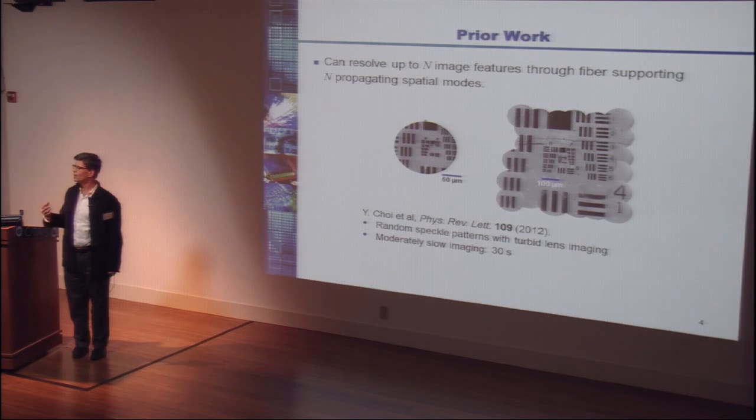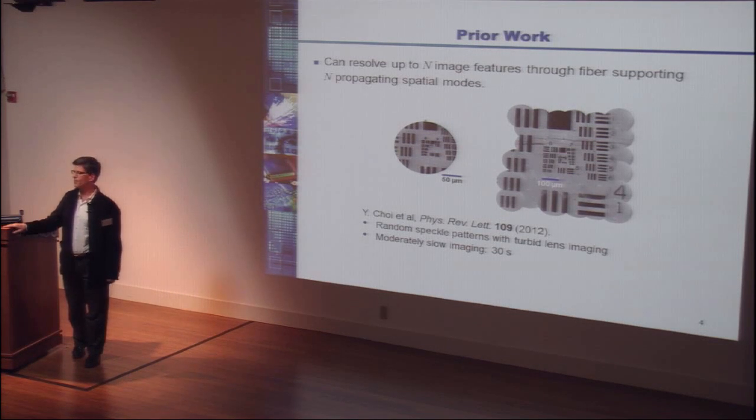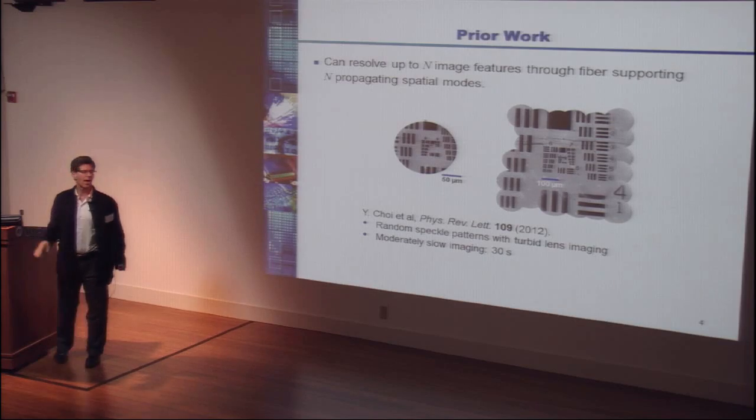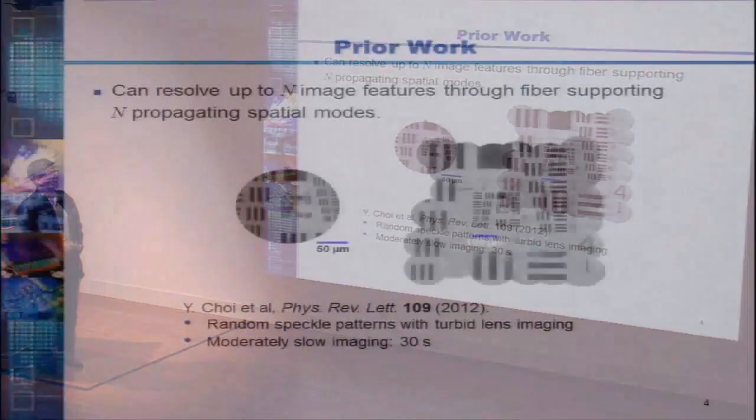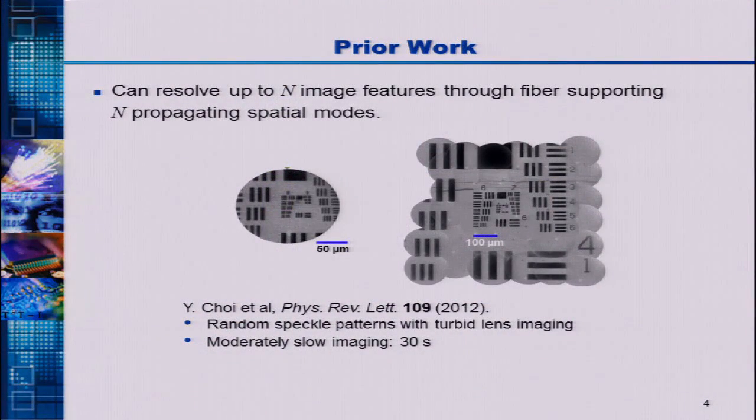So this approach should basically be able to allow fast real-time imaging. In their actual experimental system, it took them 30 seconds to form images, but at least they demonstrated a very nice principle. And they were able to image these small features down to the micron kind of scale. So they're able to resolve a number of image features exactly equal to the number of modes that propagate in the fiber.